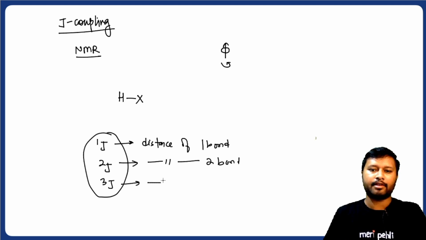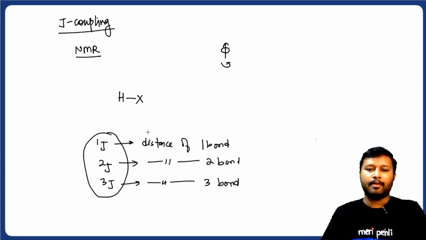Then you can have something at a distance of three bonds away. That's how they are going to cause coupling to this particular species, and this coupling is going to result in splitting of the peak.